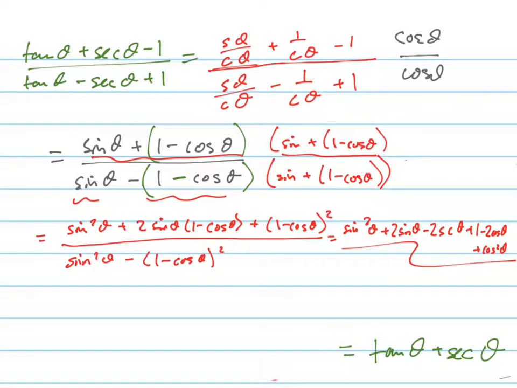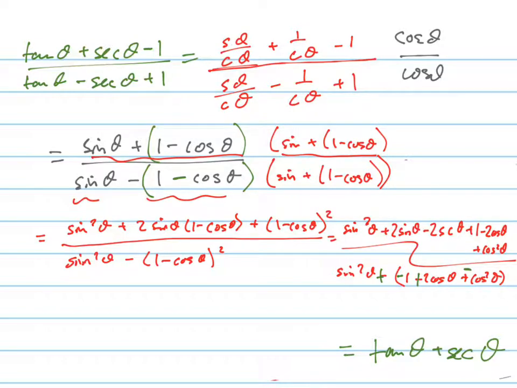That's in the top. And in the bottom, I have sine squared theta minus 1 minus 2 cosine theta plus cosine squared theta. Let's distribute this negative. There's a negative, there's a positive, there's a negative.